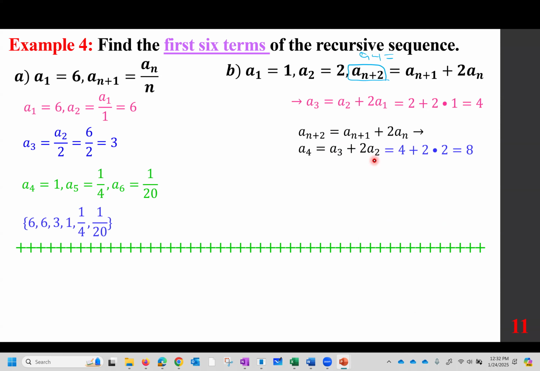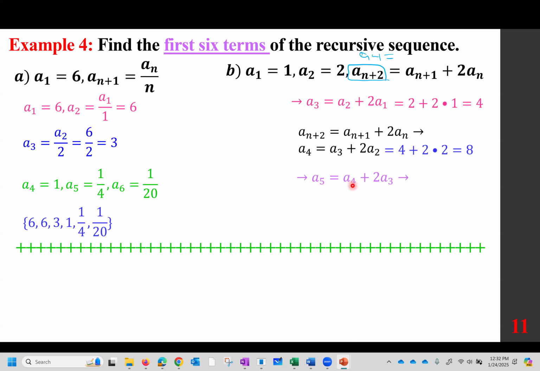Can anybody give us the formula for A sub 5? Would it be A sub 4 plus 2 A sub 3? Perfect. So A sub 5 is A sub 4, which is 8.